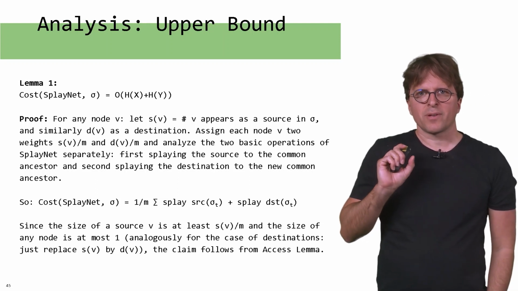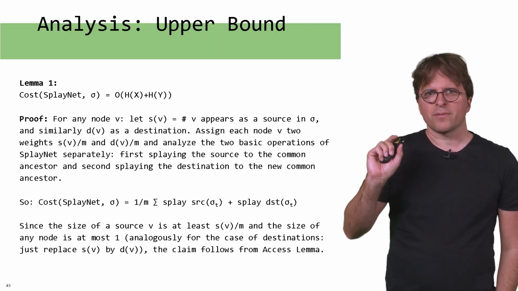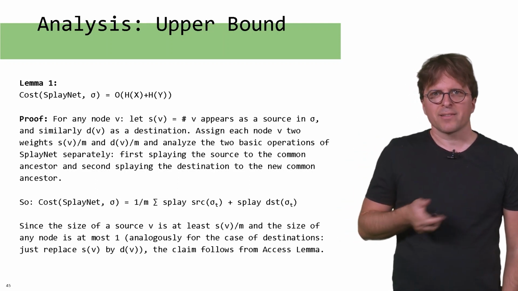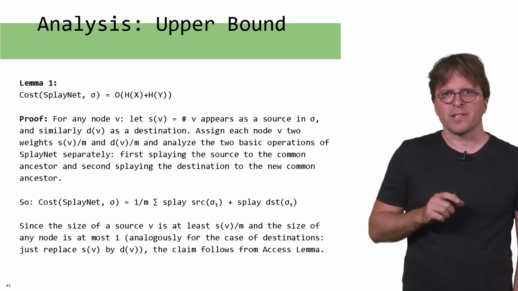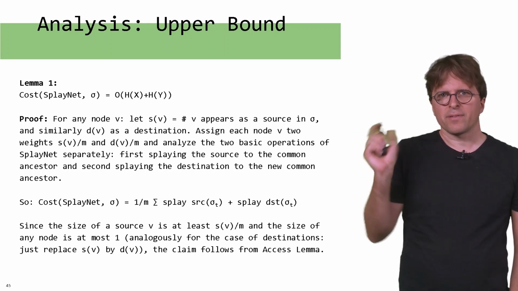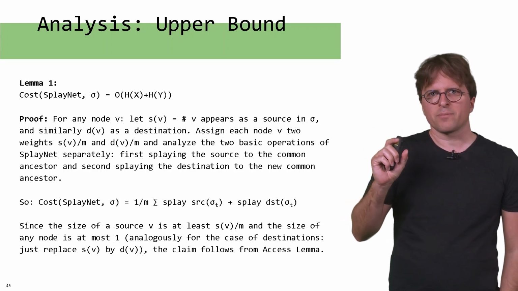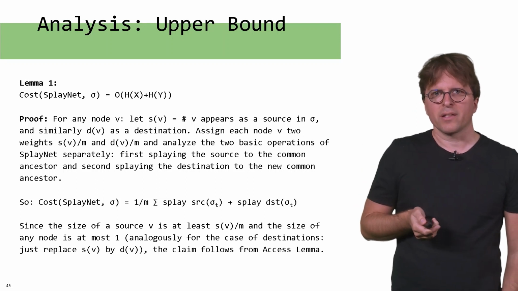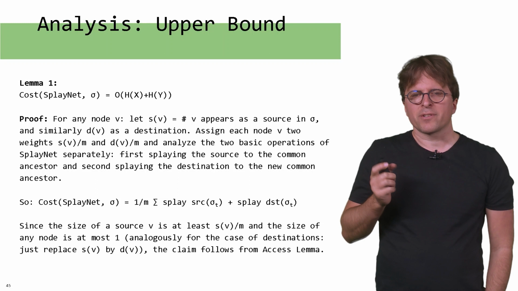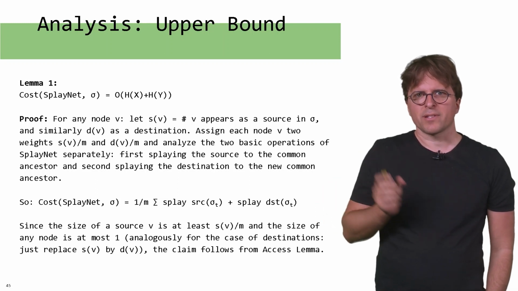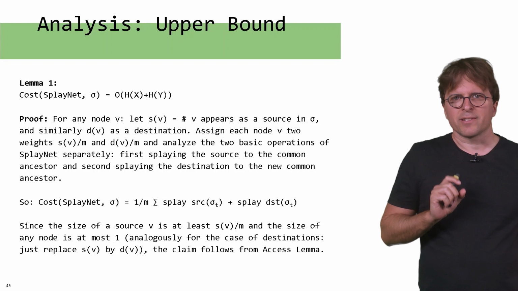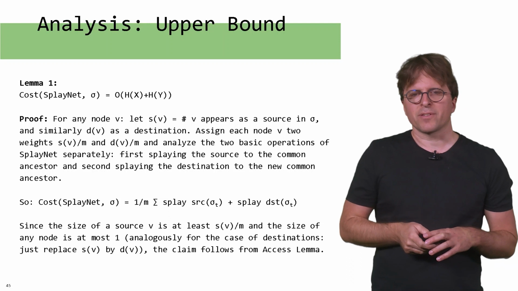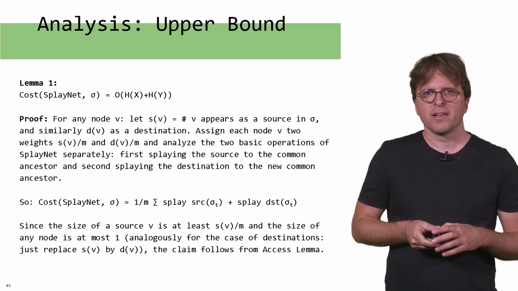We can show that asymptotically the cost of a SplayNet for a given sequence sigma is the entropy of X plus the entropy of Y, where X and Y are the frequency probability distributions for the sources X and the destinations Y. This is very similar to the splay tree, where the access cost is related to the entropy. In the SplayNet, the access cost is the entropy of the sources plus the entropy of the destinations.